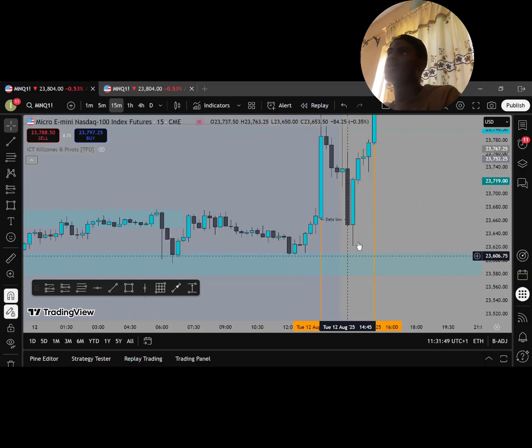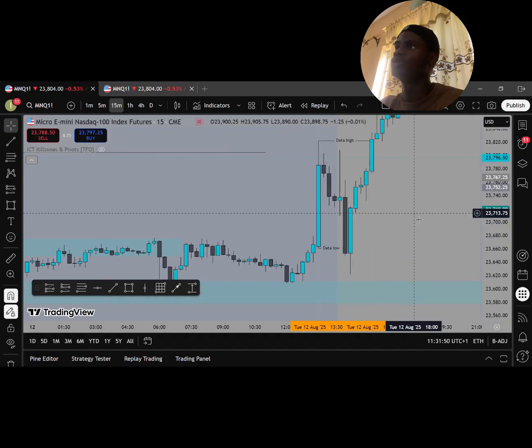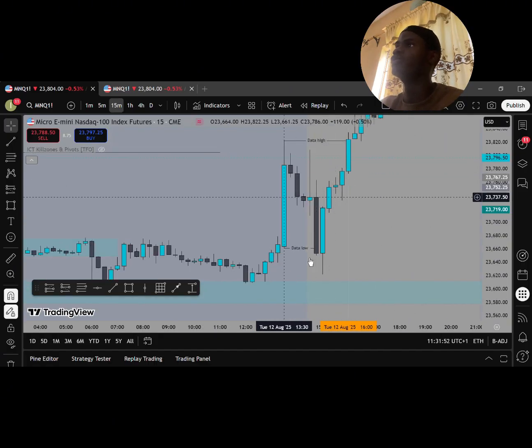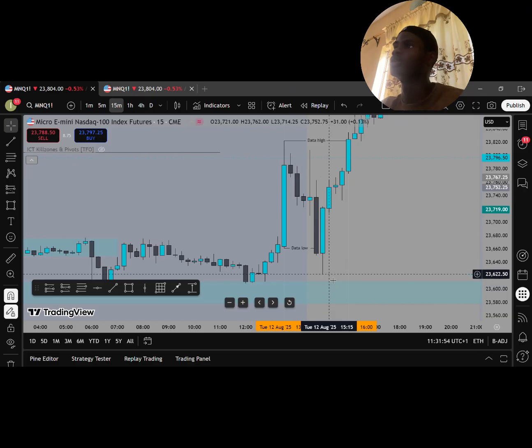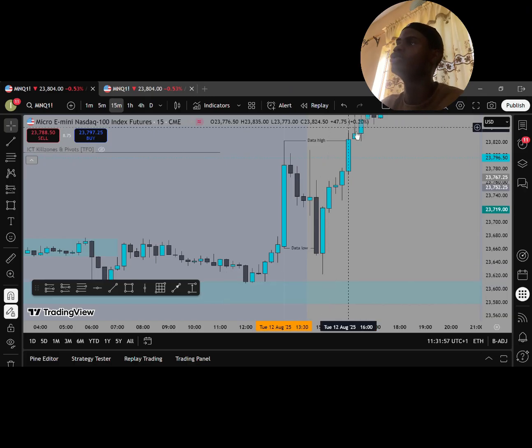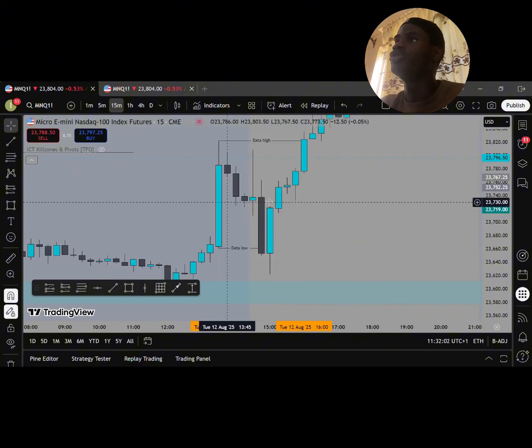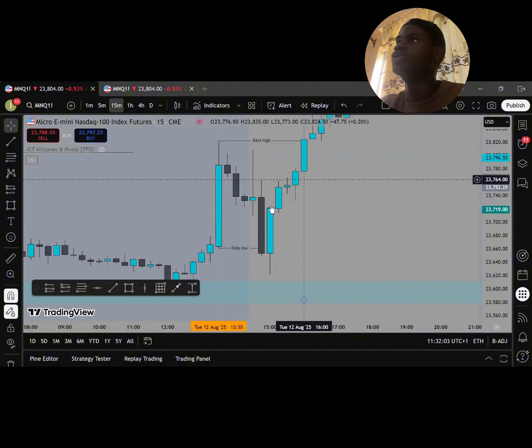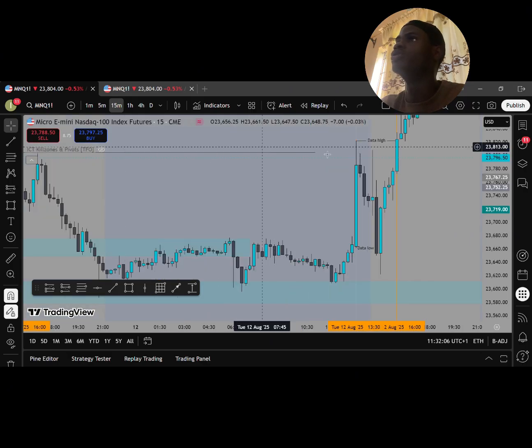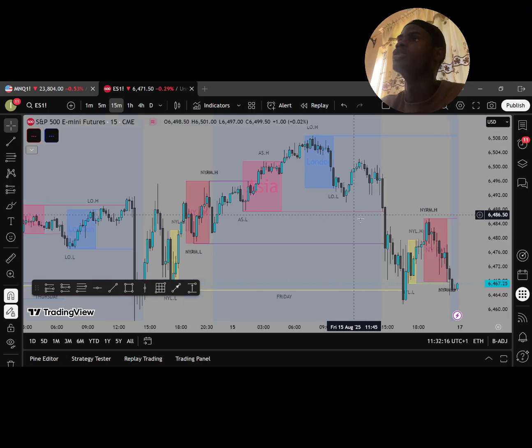So in that situation, I was waiting for the liquidity sweep here for this place. But data low and data high can also be seen as a liquidity sweep for the high side trade. The liquidity sweep happens here to also make that bigger liquidity sweep.